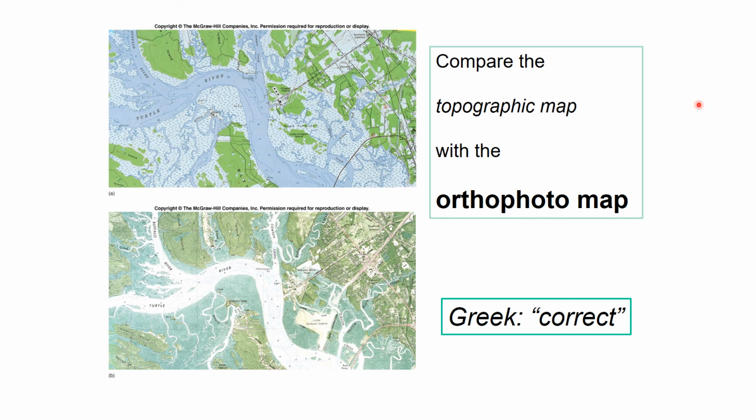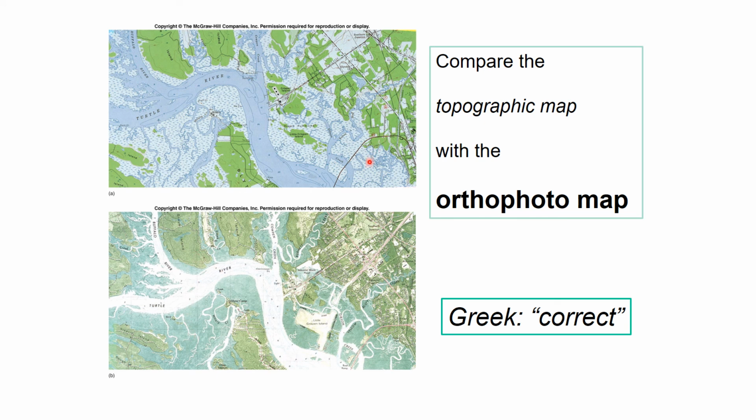Another way to visualize topography is with what's called an orthophoto map. Ortho means rectified or corrected. That's when you take regular old topographic map information and contour lines and you add in color air photography. When you do that, it makes the features stand out a lot better.